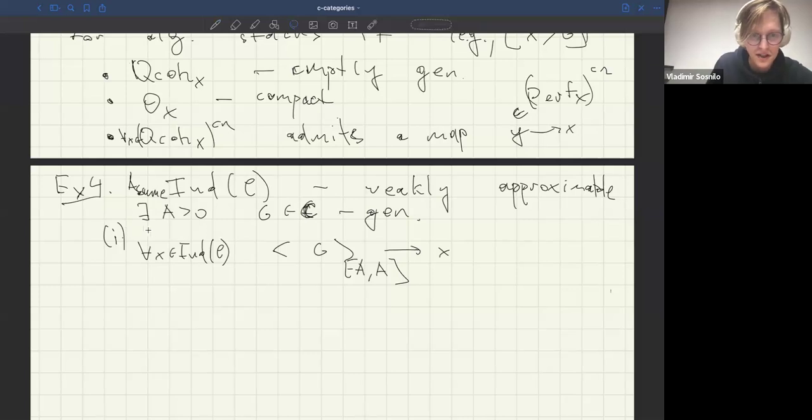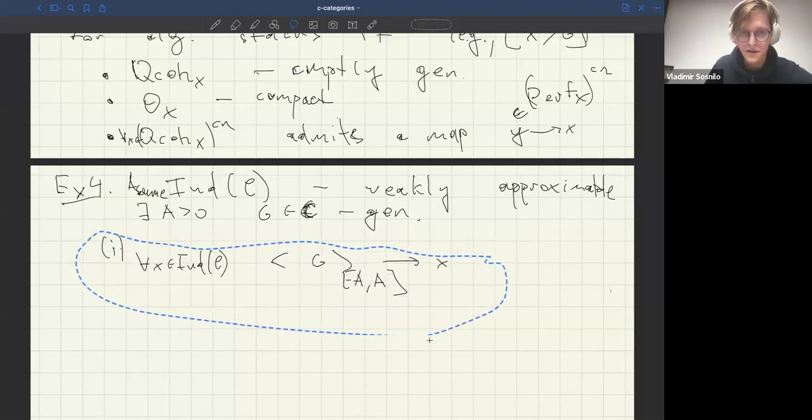I forgot to say that there is a t-structure. Sorry about that.